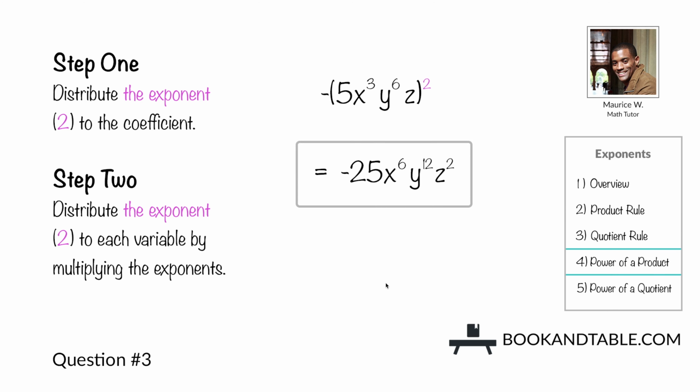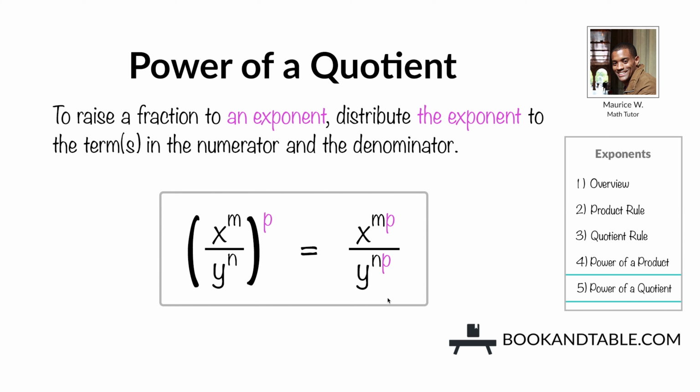So that is how you would utilize the power of a product rule. Let's now discuss the power of a quotient rule. To raise a fraction to an exponent, distribute the exponent to the term or terms in the numerator and the denominator.